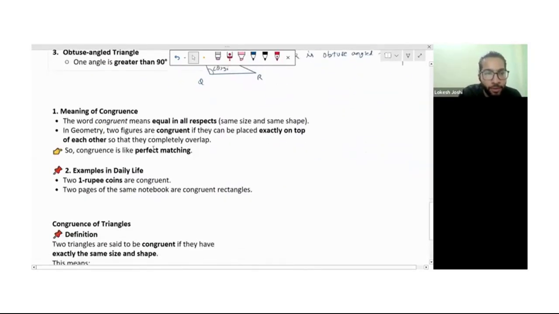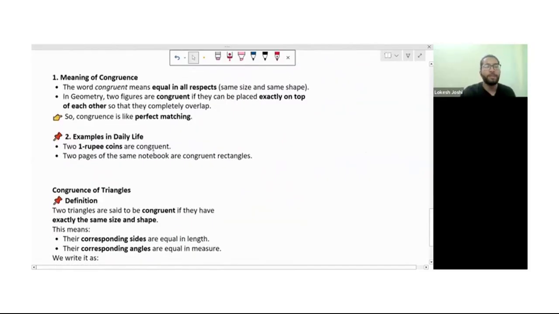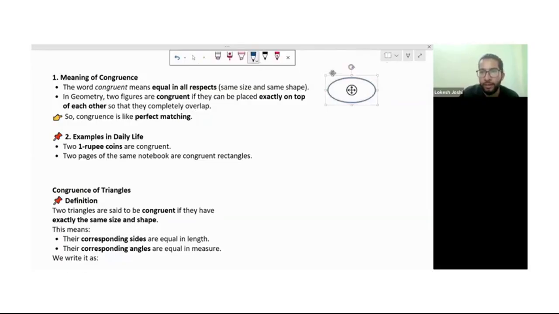Now we come to our main topic, which is congruence. Before that, we will cover the basic things. Suppose there is some figure and there is one more same figure.